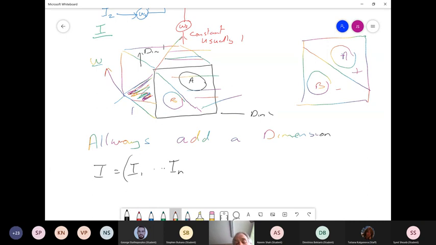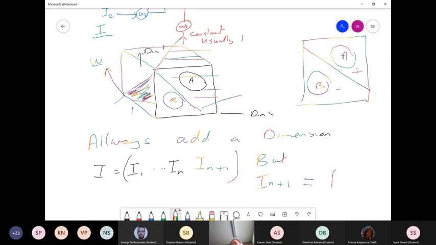The extra dimension can be regarded as an IN plus 1 element of the pattern vector, but IN plus 1 is equal to 1, fixed, or another constant.